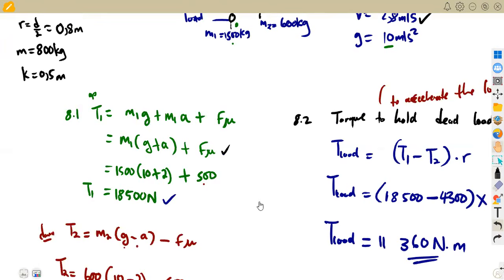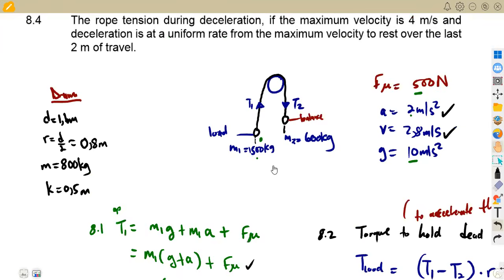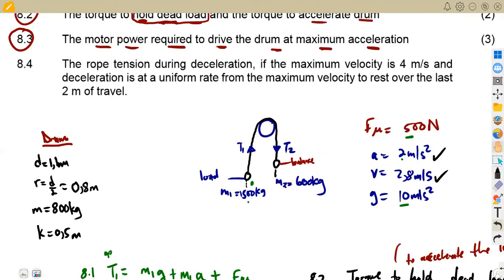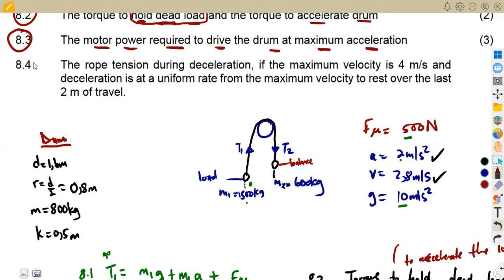Now we are given a consideration this time, that is on 8.4. We are supposed to calculate the rope tensions in this case, which are T1 and T2 again, but during deceleration.